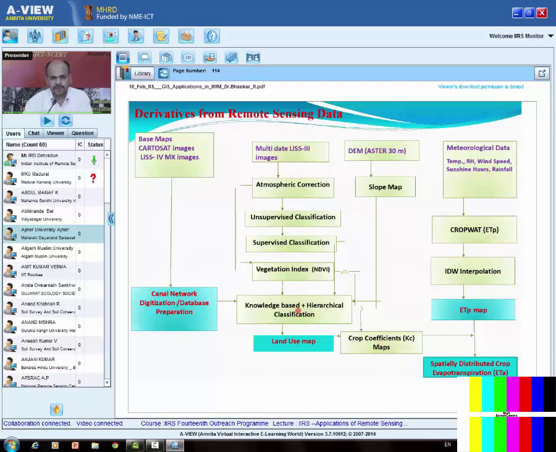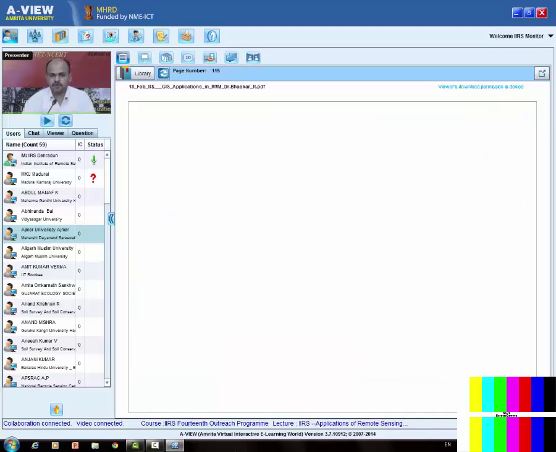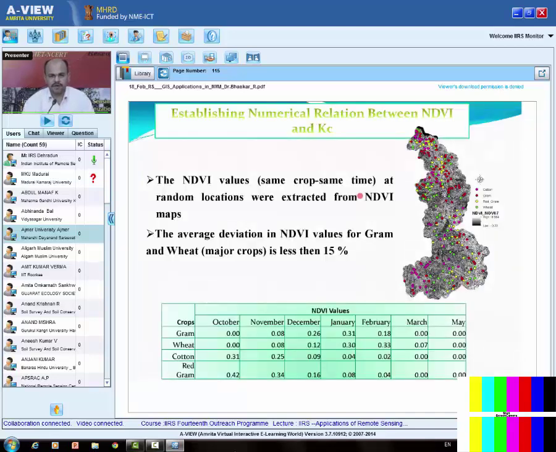From the land use map, vegetation index, and field information, we have generated the KC map. From meteorological data, we have calculated the potential evapotranspiration and interpolated it, so we now have the pixel-based potential evapotranspiration. We have multiplied the KC with this, and as we have seen in the first case, we have derived the crop water requirement.